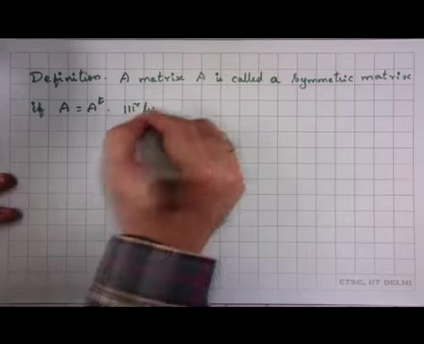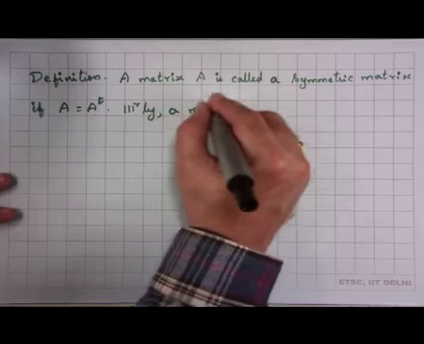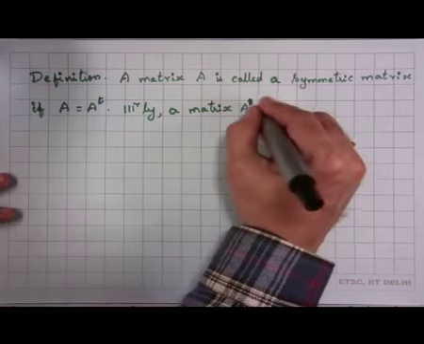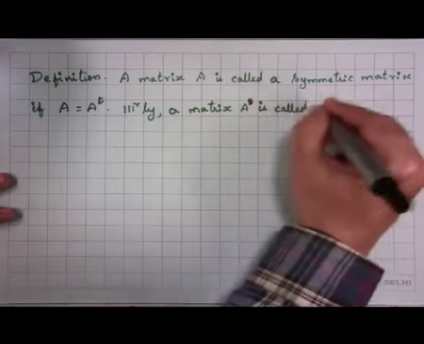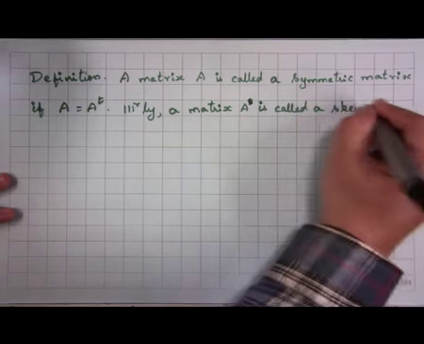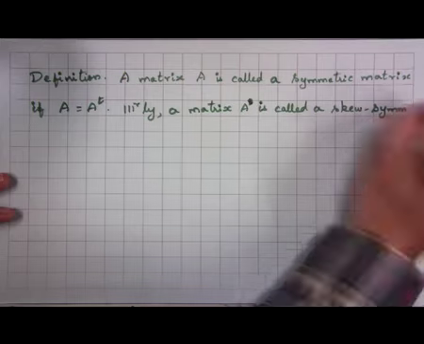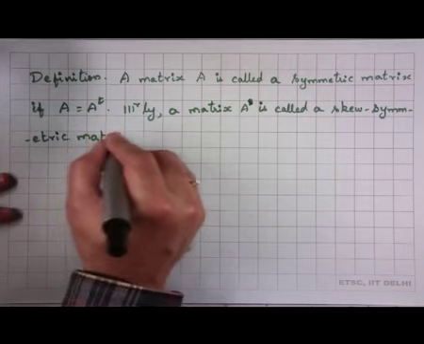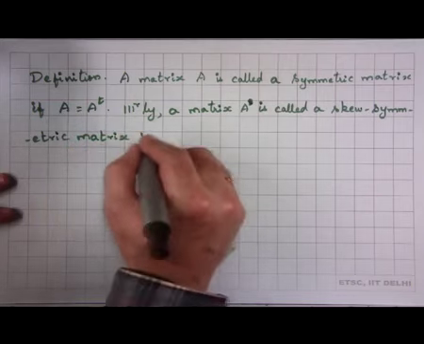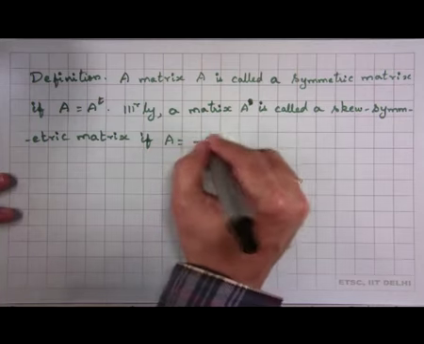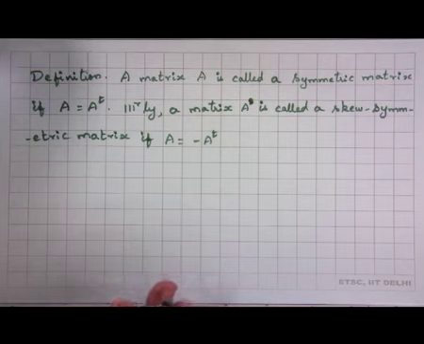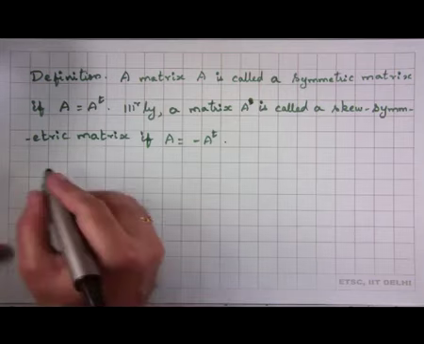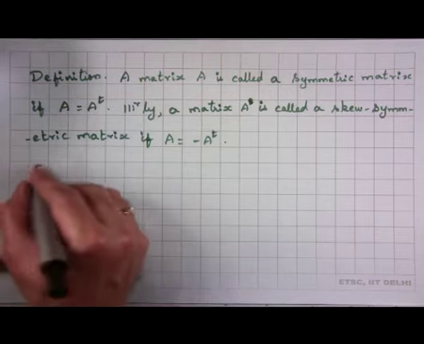Similarly, a matrix A is called a skew symmetric matrix if A equal to minus of A transpose. By minus of a matrix I mean minus 1 times that matrix, right. Let us look at an example.